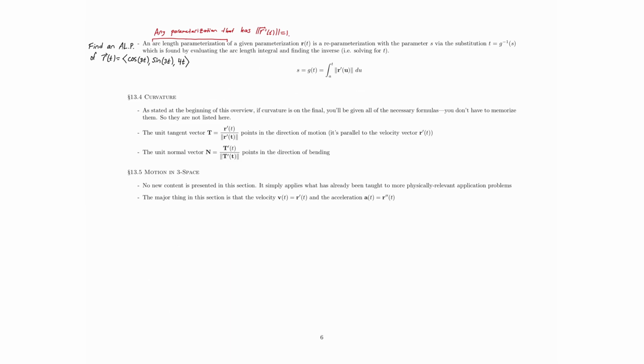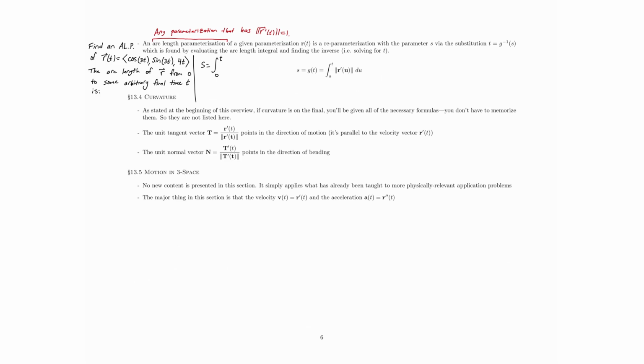So we're going to find the arc length of r from 0 to some arbitrary final time t. This would be s equals the integral from 0 to t.